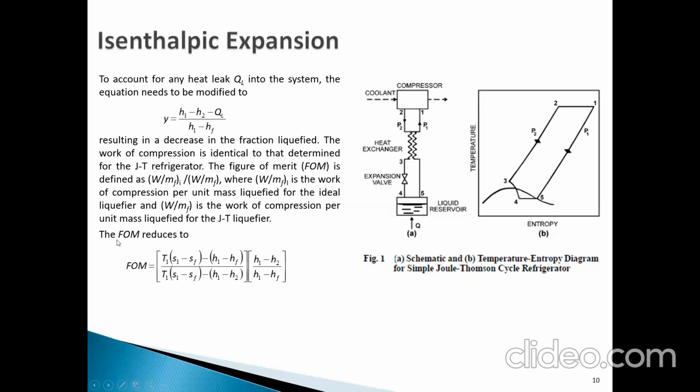So ito na yon. The FOM reduces to T1 times S1 minus SF minus H1 minus SF over T1 over S1 minus S2F minus H1 minus H2, then S1 minus S2 over S1 minus SF.